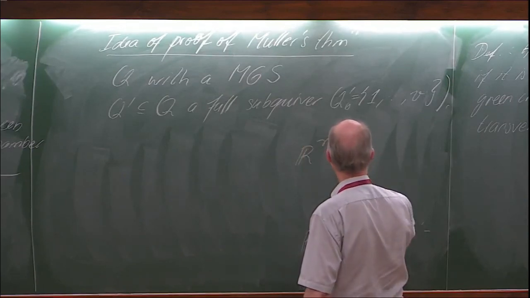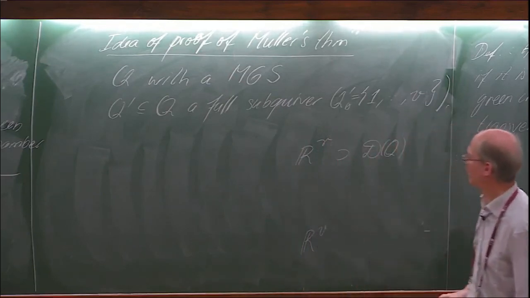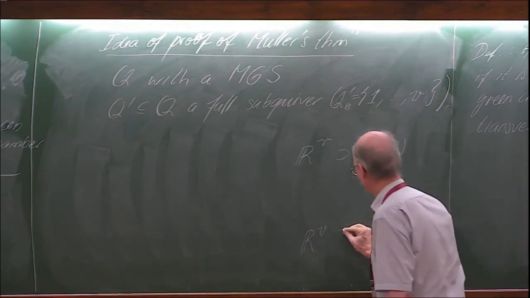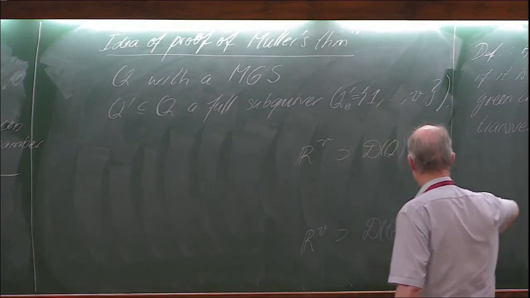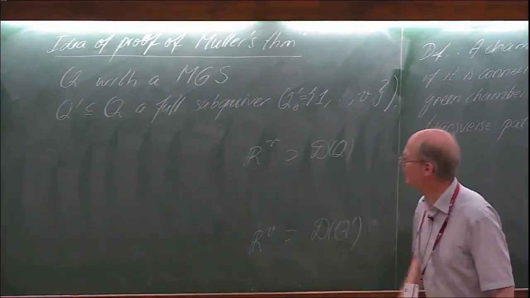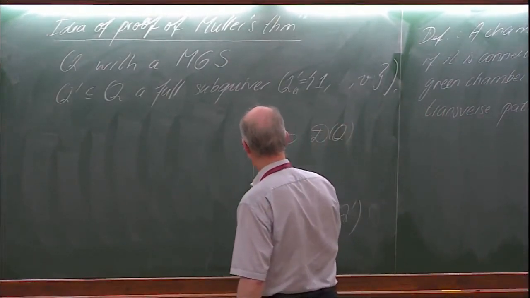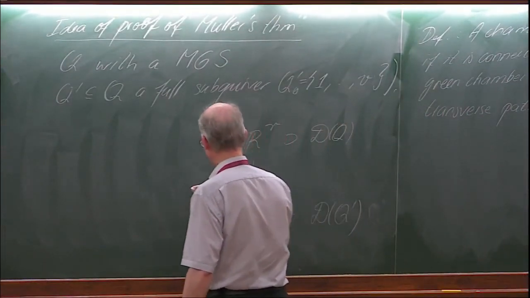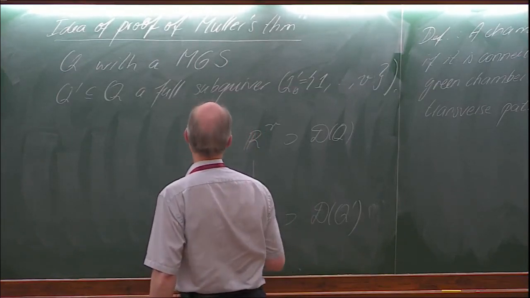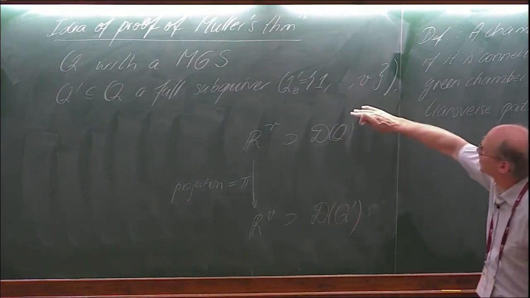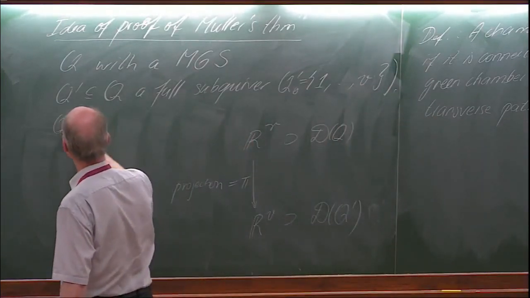Our scattering diagram D_Q lives in R^r, and we have a consistent scattering diagram D for Q' in R^v. Between these two we have the projection. And what Muller's theorem says is that Q' has a maximal green sequence.